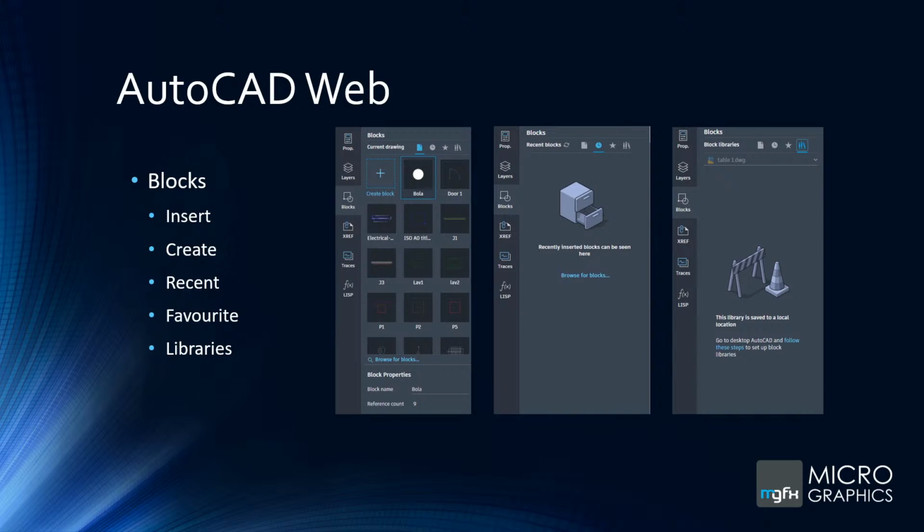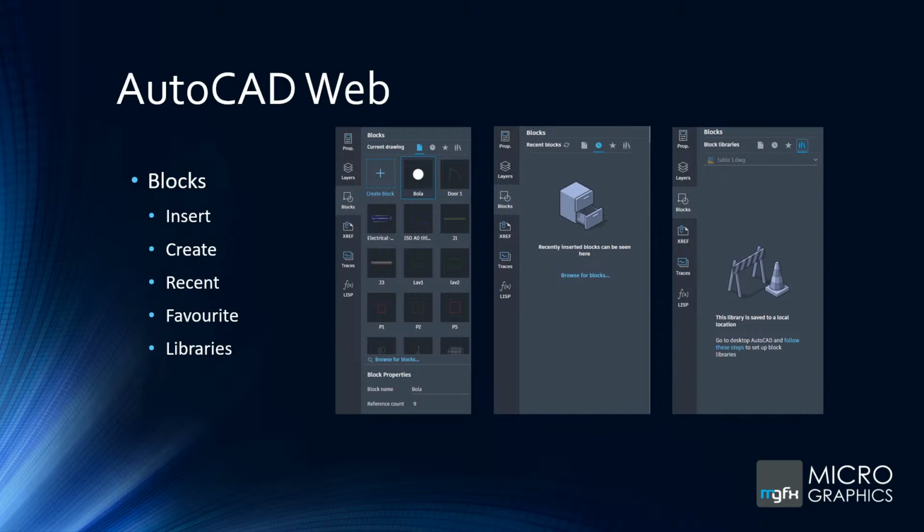And this also, you can link it with your desktop AutoCAD as well. So in your desktop AutoCAD, you'll notice that you can actually save your block library to the cloud. And then you're able to access it from here. So any blocks that you've actually created on your desktop, you'll have access to. So if you're traveling around the world, you don't have to lug your 17-inch computer, i7, 32 gigs of RAM around.